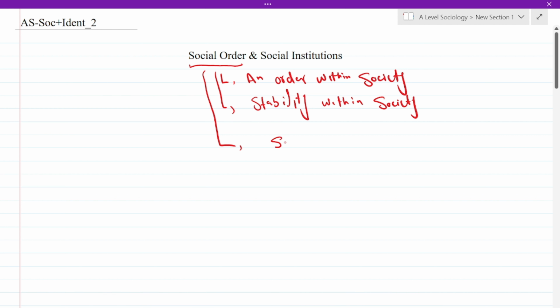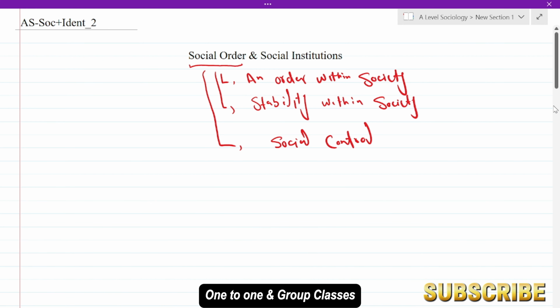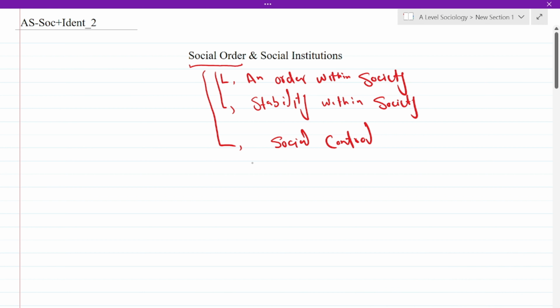So another word that I am giving you is social control. What does it mean, social control? Social control means to encourage everyone towards conformity with the society.